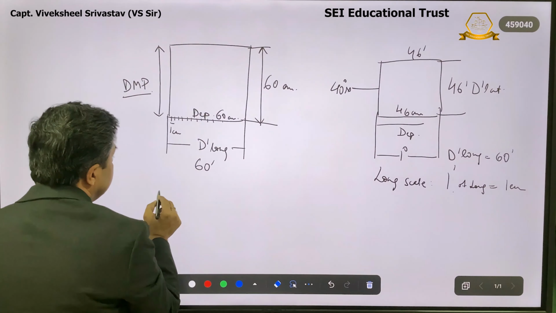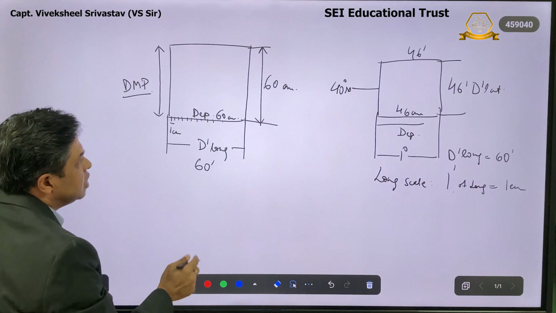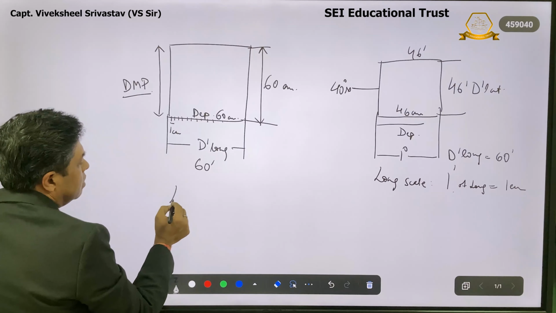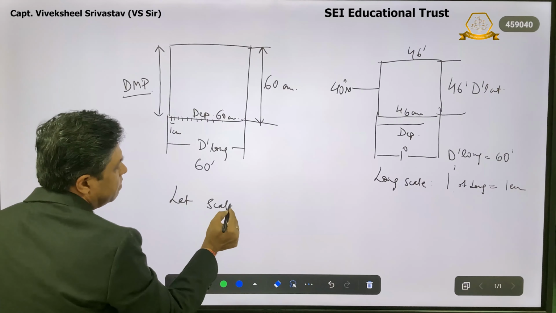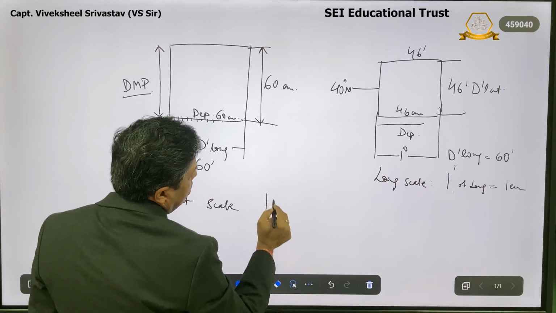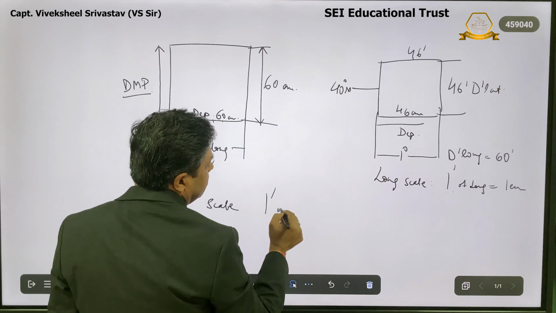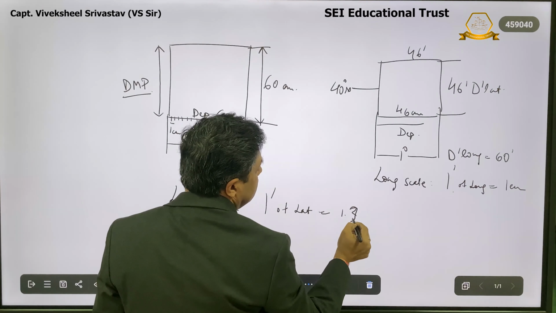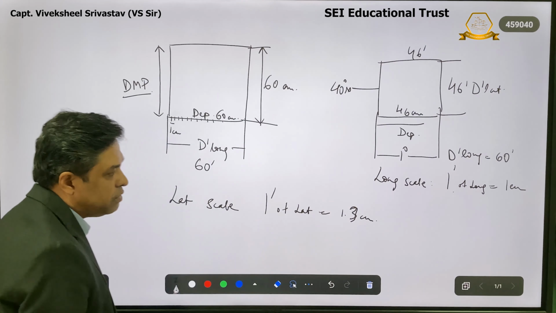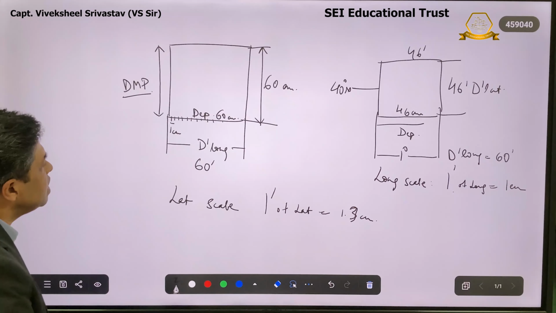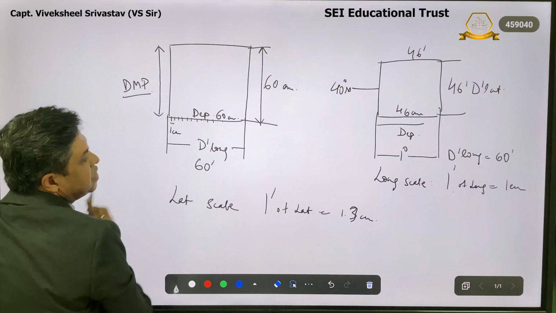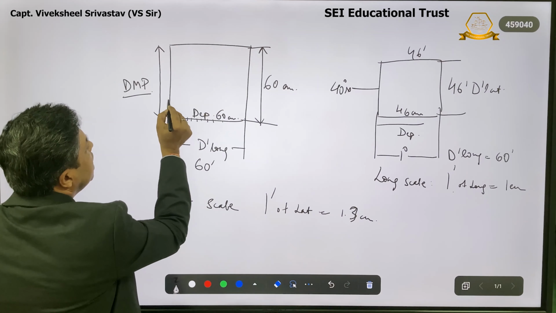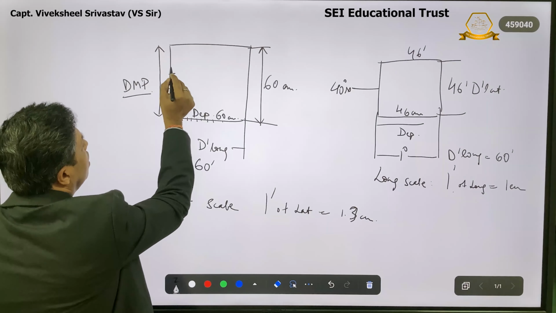Last time we had seen that we had to modify our latitude scale so that we can read 60 centimeters as 46 miles. So our latitude scale was 1 minute of latitude equal to 1.3 centimeters. That is what we had reached. Although this is 60 centimeters, it is only occupying 46 minutes of latitude.